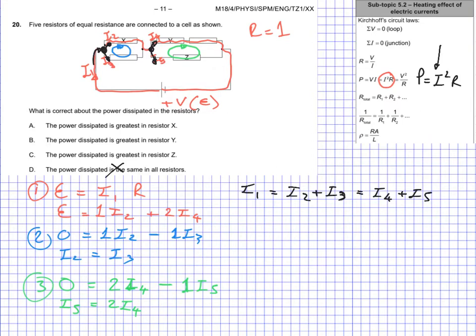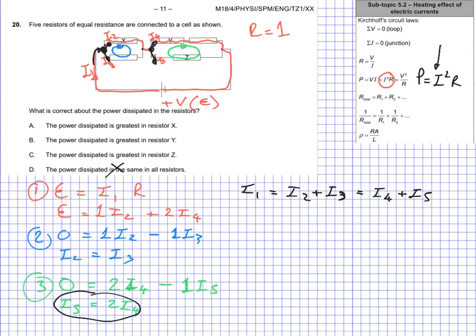So you can see already when we're comparing 5 and 4, this is going to tell us which one's greater, whether it's Y or Z. Well, take a look. I5 is equal to 2 of I4s.